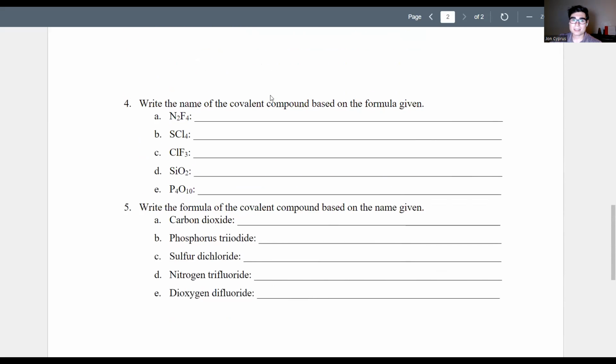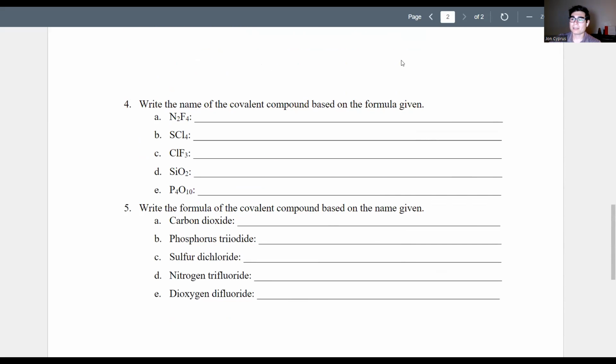Okay, now four asks us to name the covalent compound based on the formula given. This one, right? I think they actually have all these in order. Yeah, all these are in order, so we don't have to look at the rule and double check. If this is written correctly, the furthest one to the left and down is first.